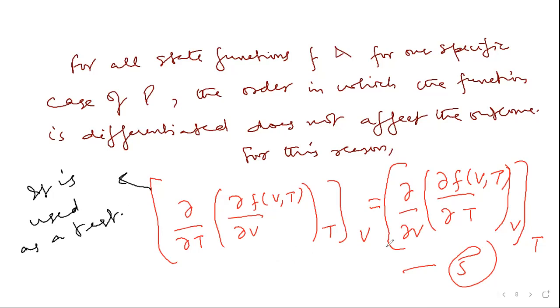If this property is satisfied by a function, that is, the order of differentiating the function doesn't affect the outcome, we can say this function is a state function, right?